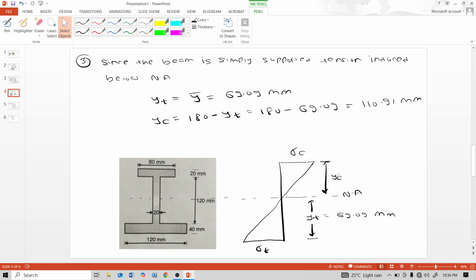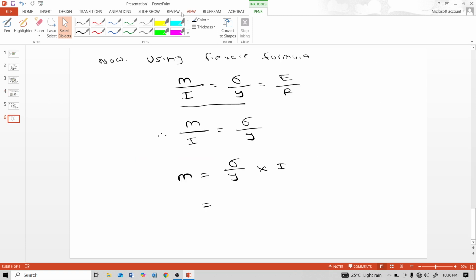When we use yc, then we use sigma c also. So right here sigma c upon yc, because yc is maximum, so I choose yc, and when I choose yc, then I also choose sigma c.